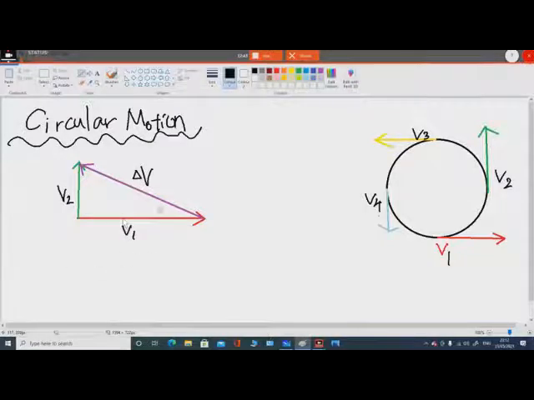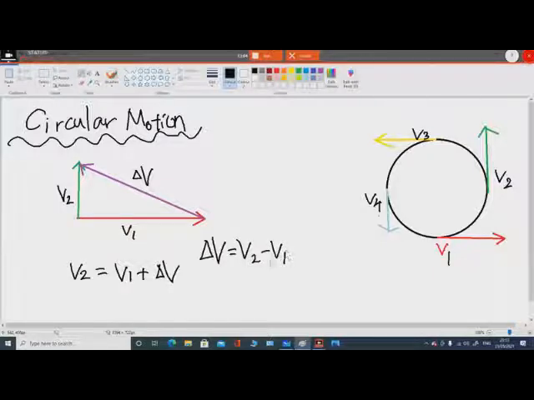As we read from the vector diagram, V2 is equal to V1 plus delta V. So my delta V is given as V2 minus V1. This is how we read the vector diagram.